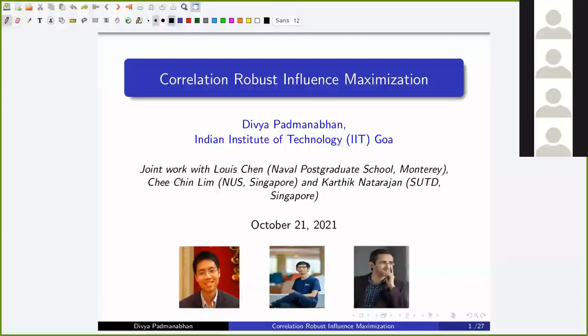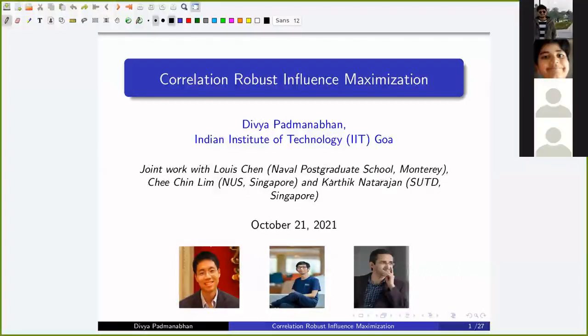So today, what I'll be talking about is this work that we did recently. It's titled Correlation Robust Influence Maximization. This is based on joint work with Louis Chen, who is an assistant professor at the Naval Postgraduate School at Monterey, Chi Chen, who is currently a doctoral student at NUS Singapore, and Karthik Natarajan, who is a professor at SUTD Singapore.